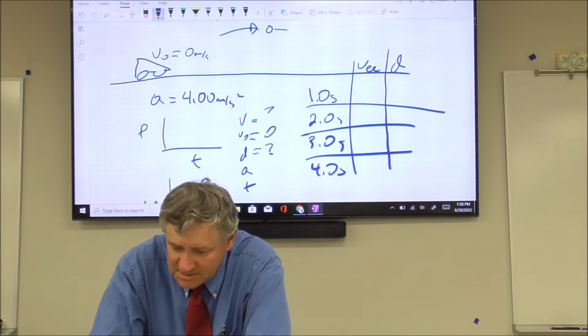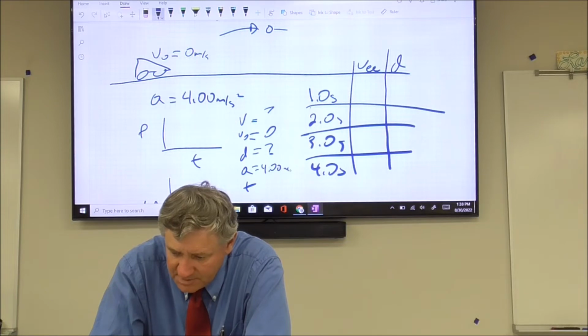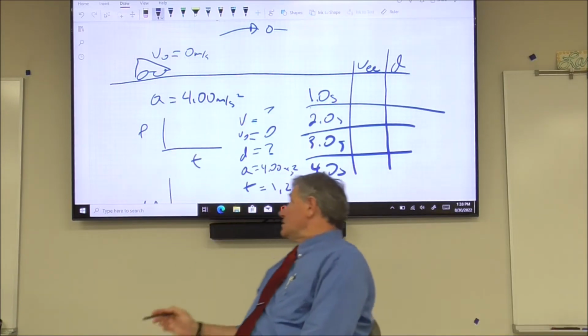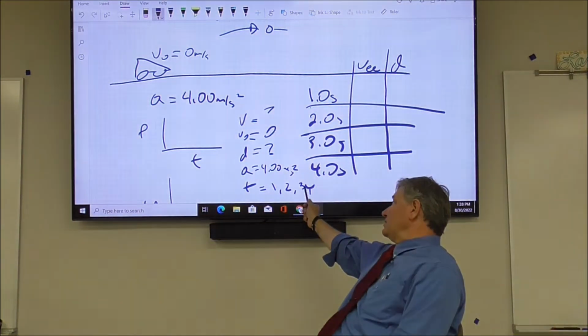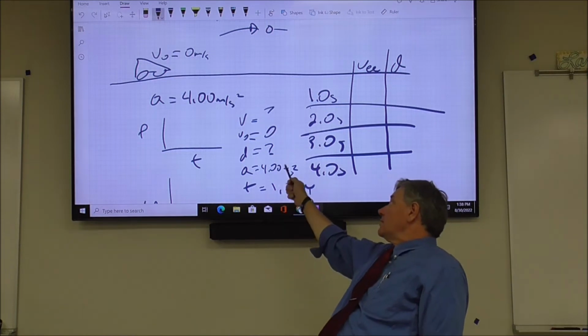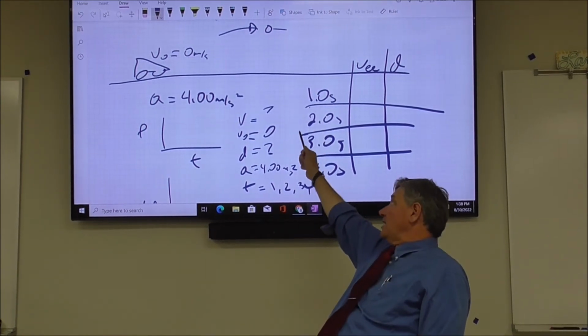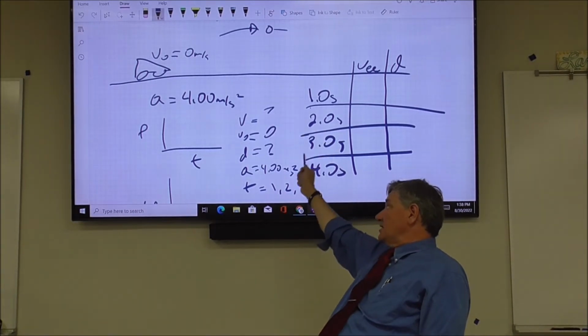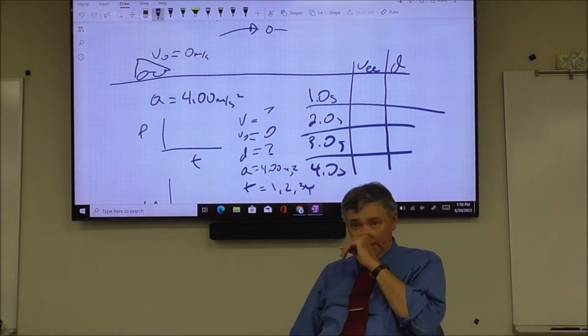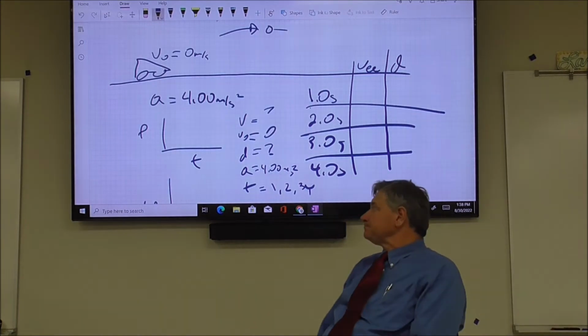I don't know my distance, but I know my acceleration is 4 meters per second squared. I also know my times, 1, 2, 3, and 4 seconds. I don't know my final velocity, and I don't know my distance.